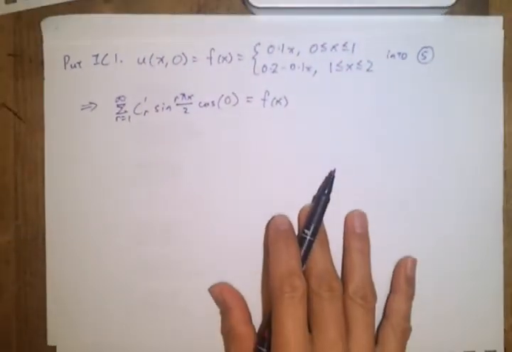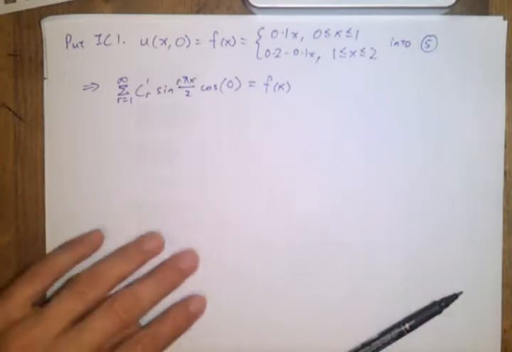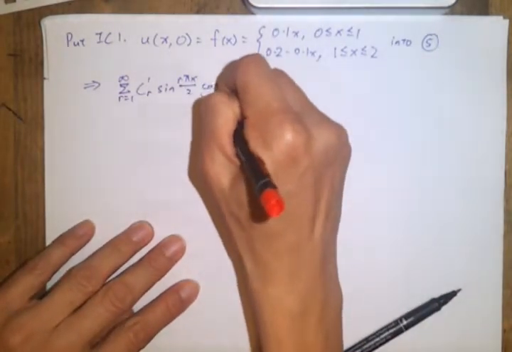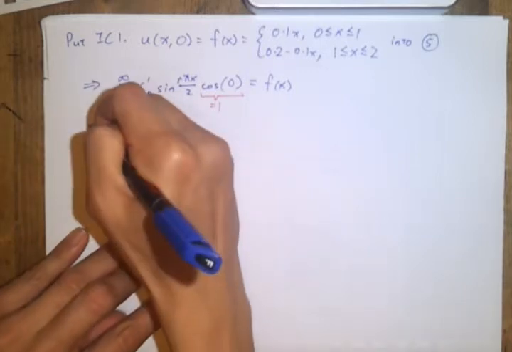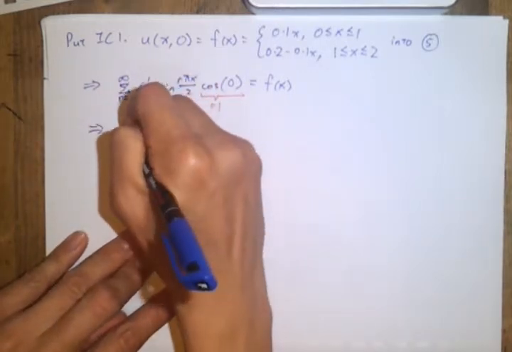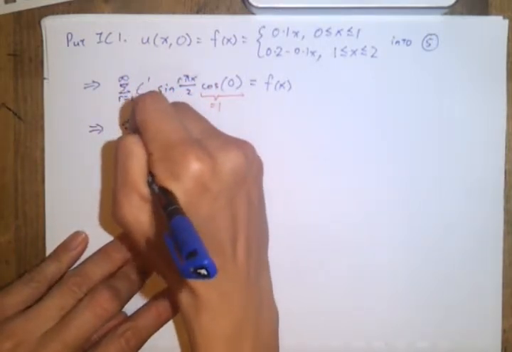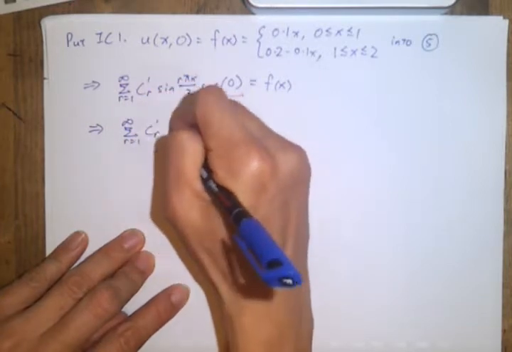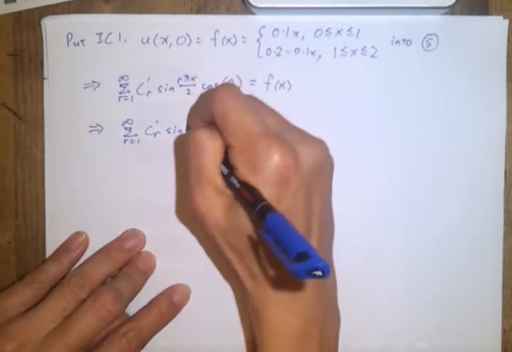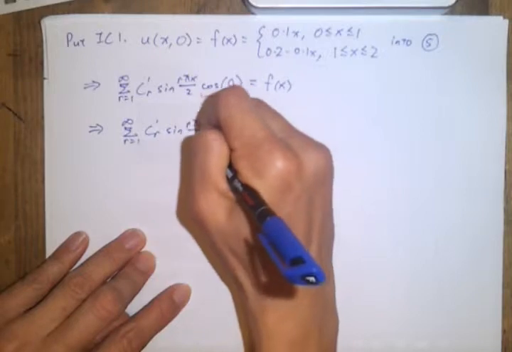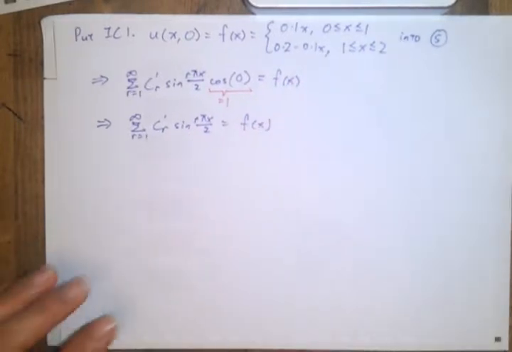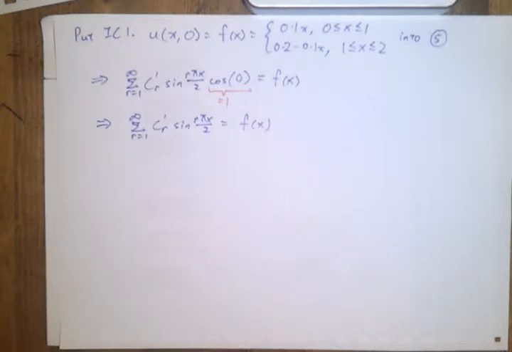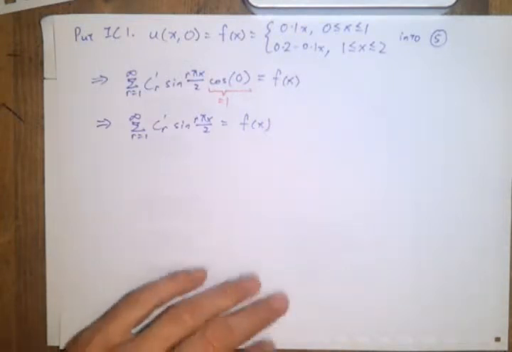Now what's cos 0 again? Cos 0 is equal to 1. So this means that you have C R prime sine r pi x over 2 equals f(x). I hope you remember what this means.